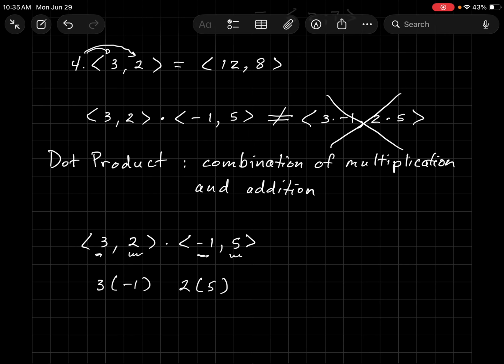But instead of having a comma between them, I add these two values together, giving me -3 plus 10, or 7. So when we do the dot product of vectors, we don't end up with a vector. We end up instead with what is called a scalar, or simply a number.